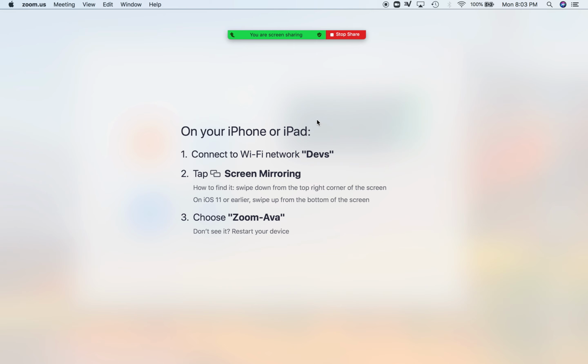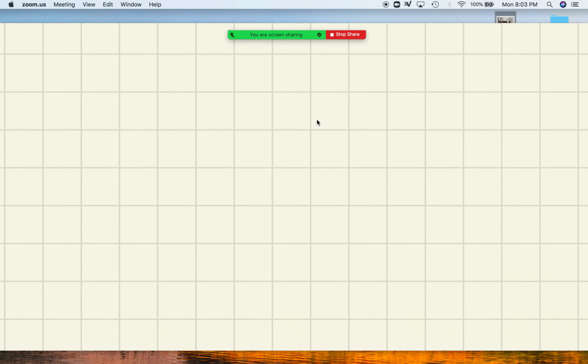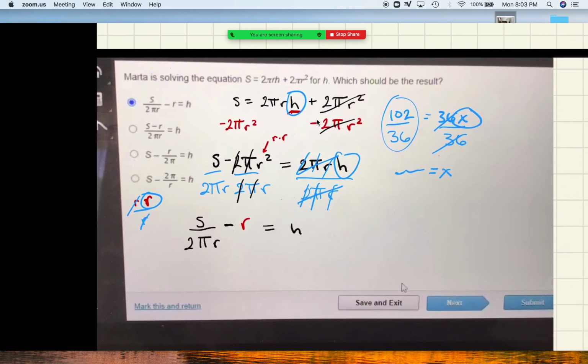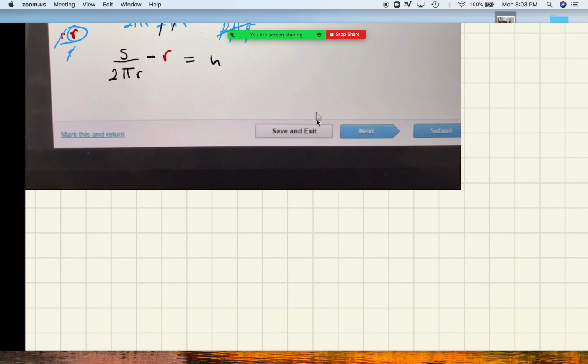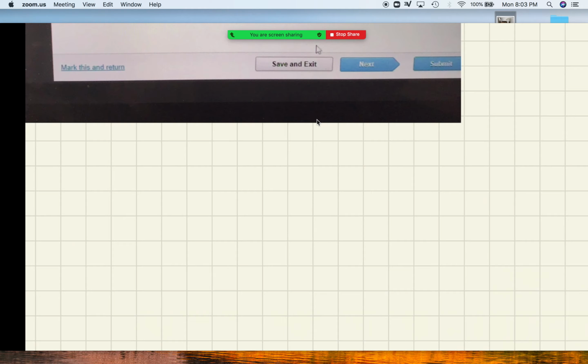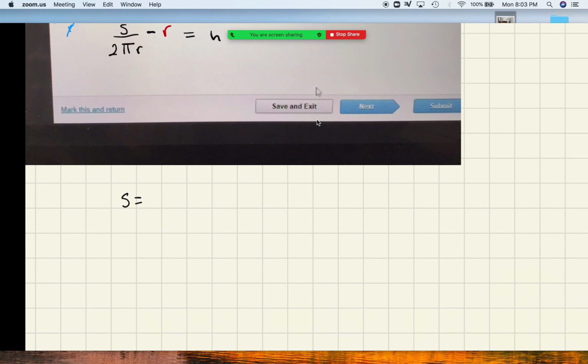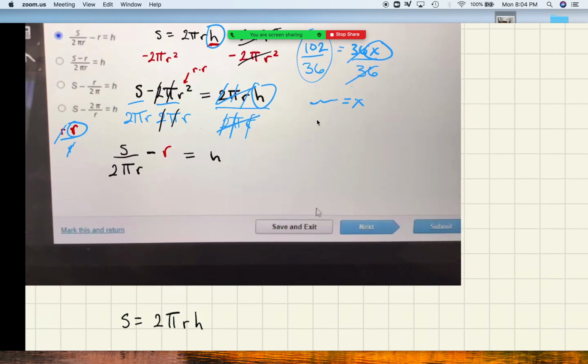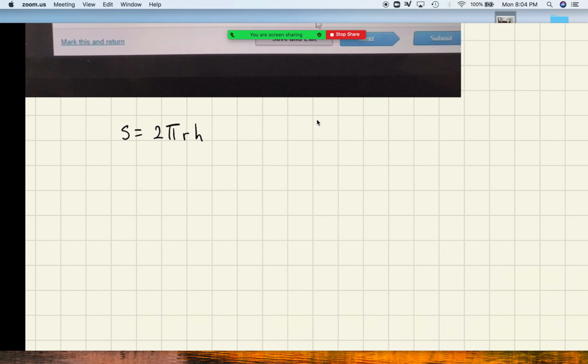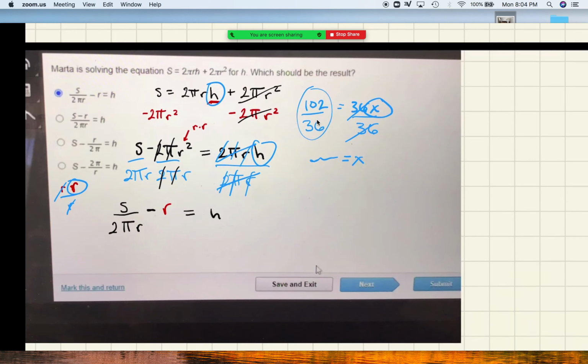All right. Let's see. So what we had started out with was S equals 2 pi RH plus 2 pi r squared.